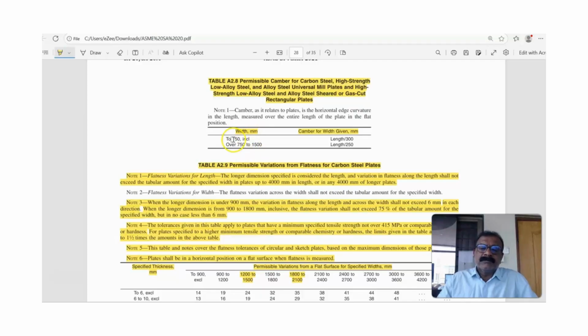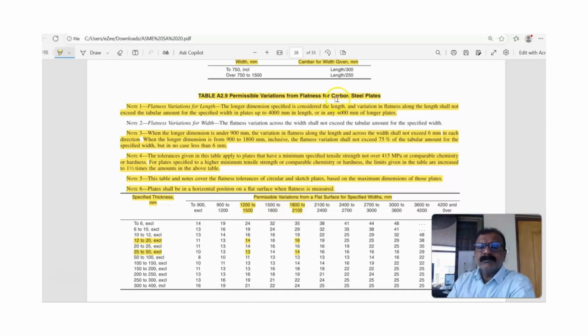For example, 750 inclusive width, then length divided by 300, where this length is plate length. Suppose it is 6000 millimeter, 6000 millimeter by 300 millimeter camber is allowed for 750 width. But from above 750 to 1500, length divided by 250.